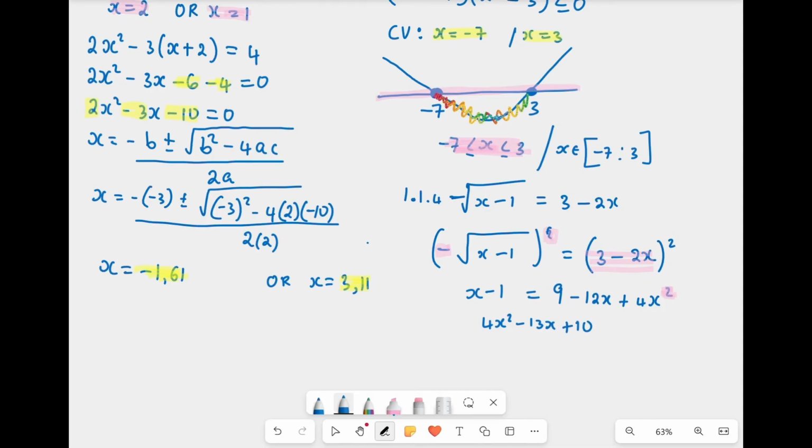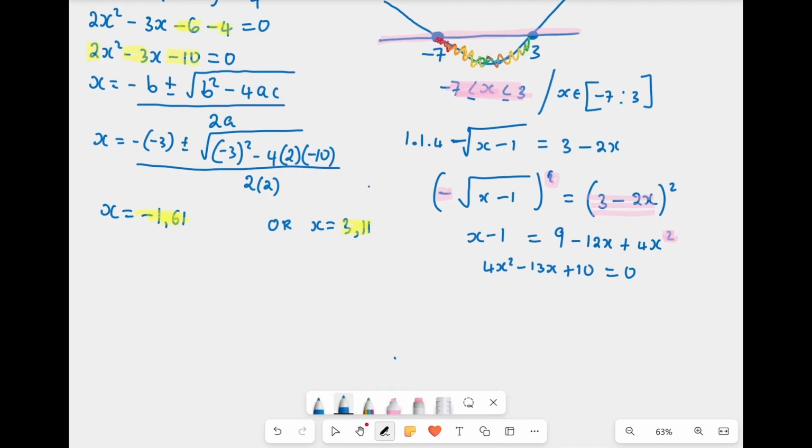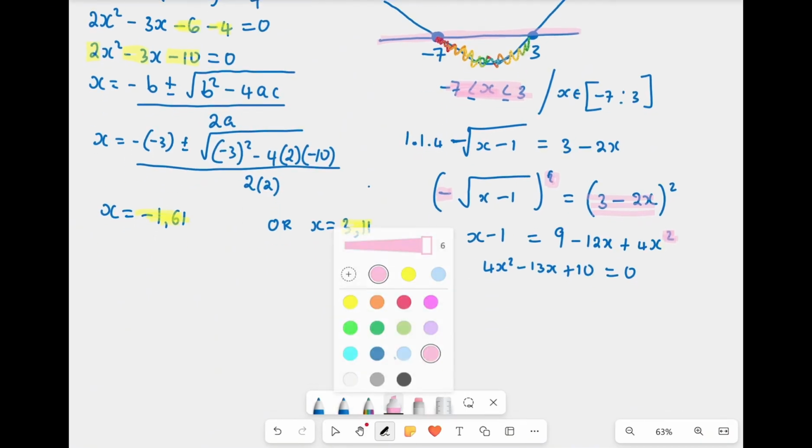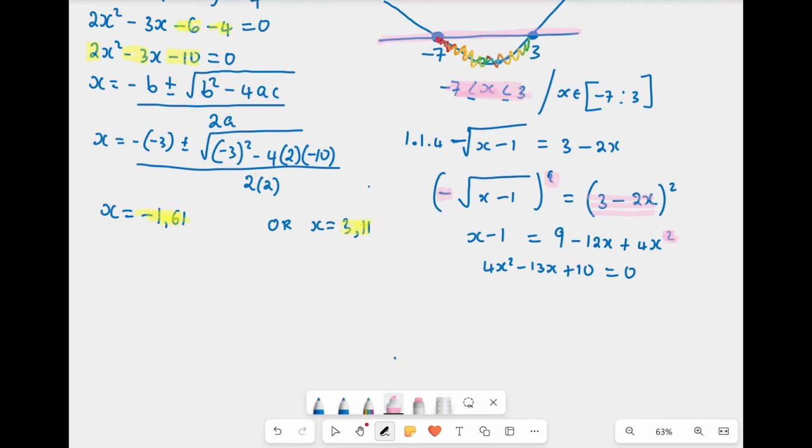So this is plus 10 is equal to 0. Now I need to factorize this. Usually if the coefficient of x squared is not 1, learners struggle to factorize this, but you can always use the quadratic formula here.